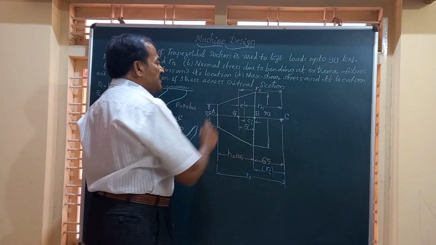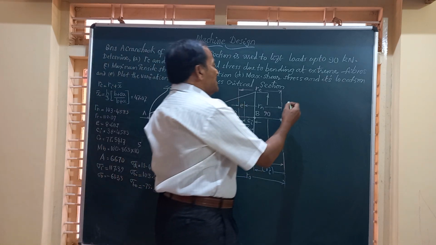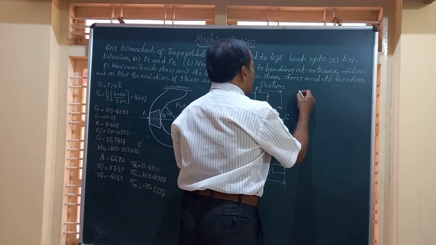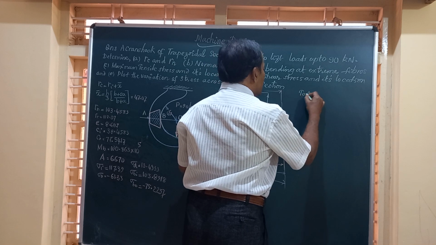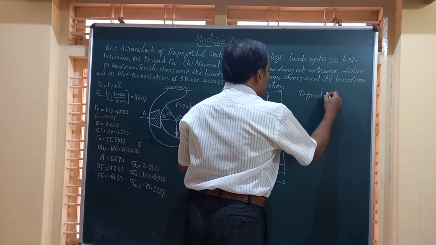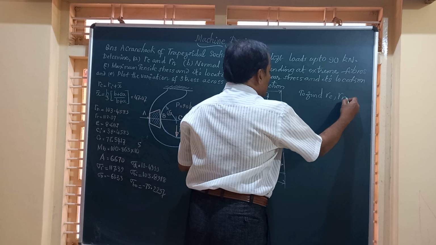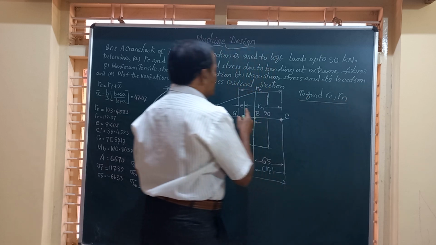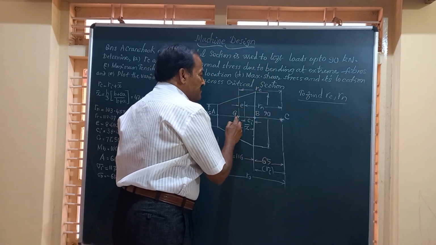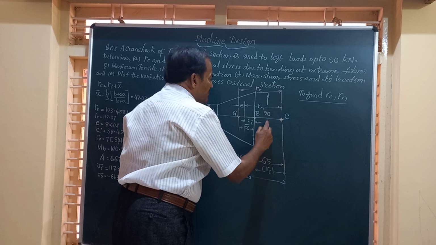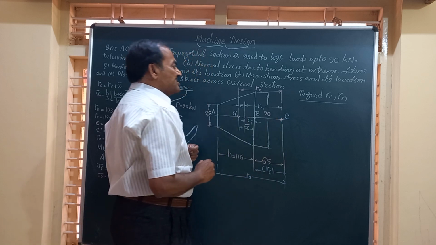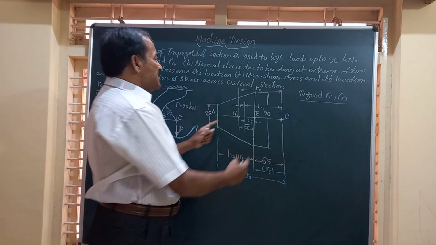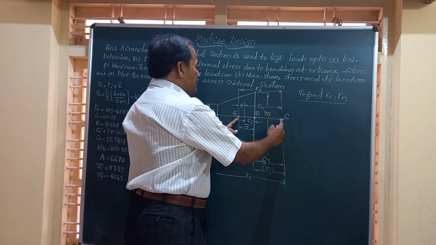RC is the distance of the centroidal axis from the center of curvature C. So friends, this distance is called RC.